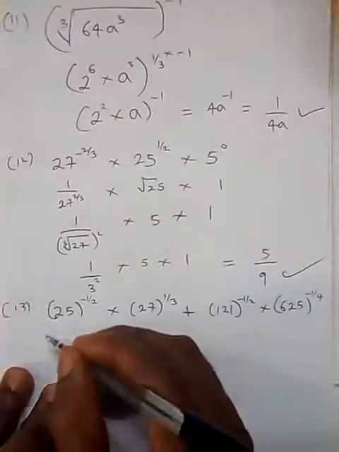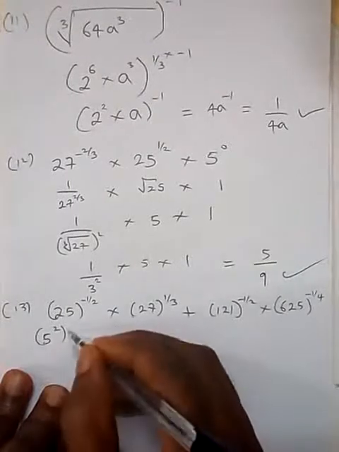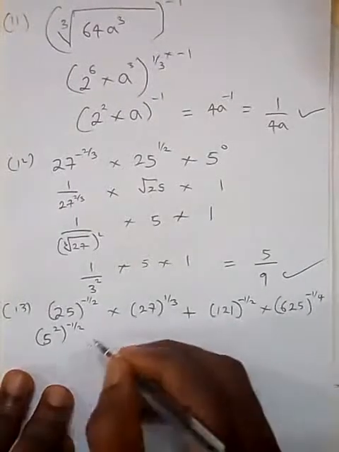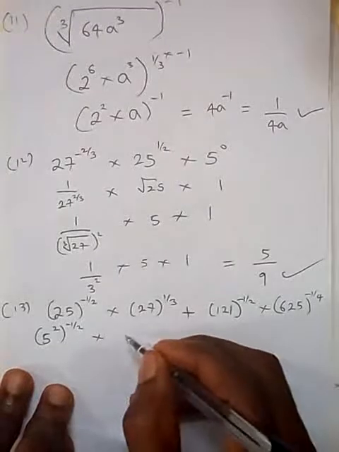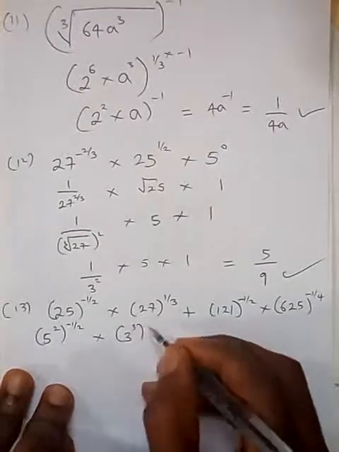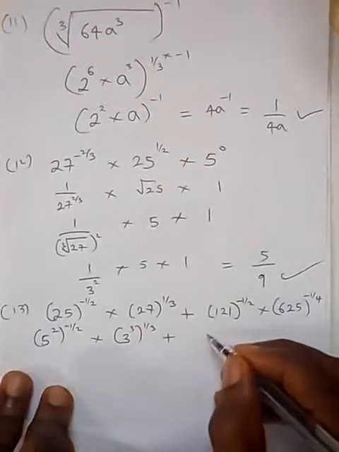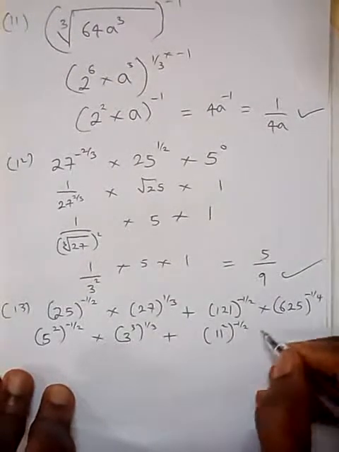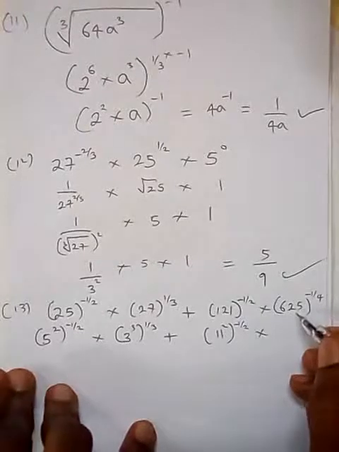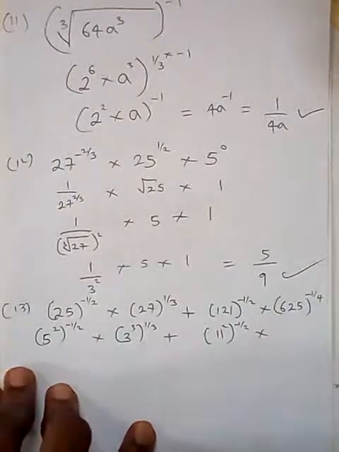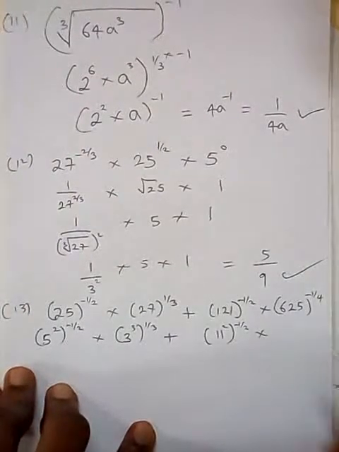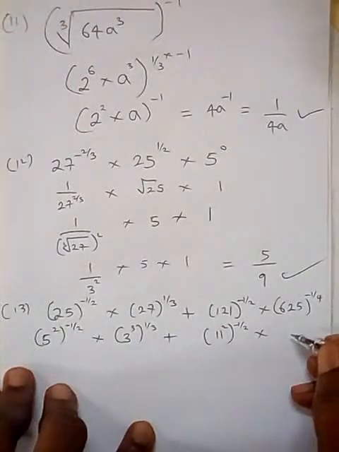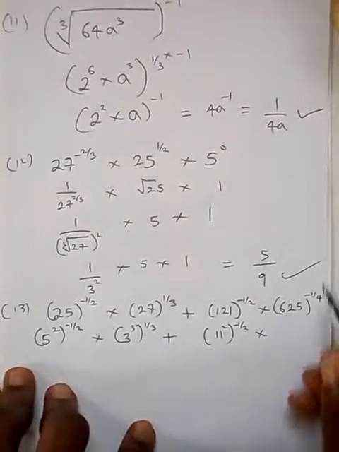Okay, 25 is 5 raised to power 2, all raised to power minus 1 over 2, times 27 is 3 raised to power 3, all raised to power 1 over 3, plus 121 is 11 raised to power 2, all raised to power minus 1 over 2, times 625, which is 5 raised to power 4.